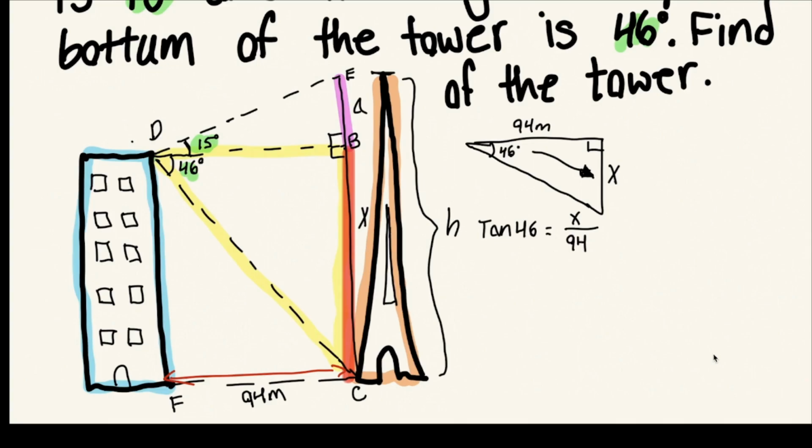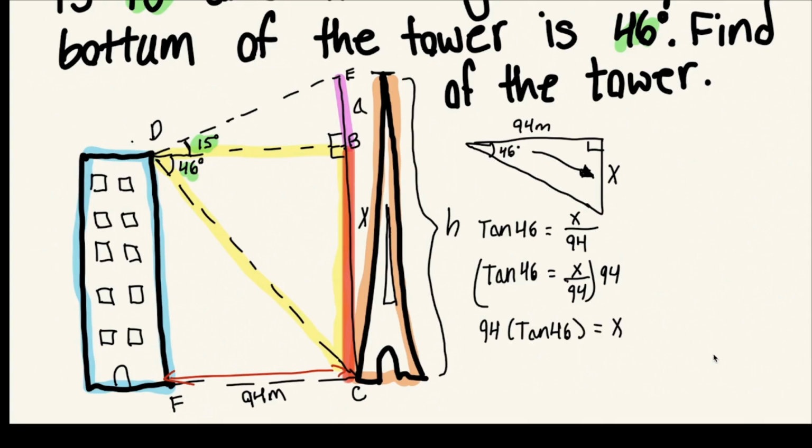So if we isolate it, it's tan 46 equals x over 94, multiply both sides by 94, so we're left with 94 times tan 46 equals x.